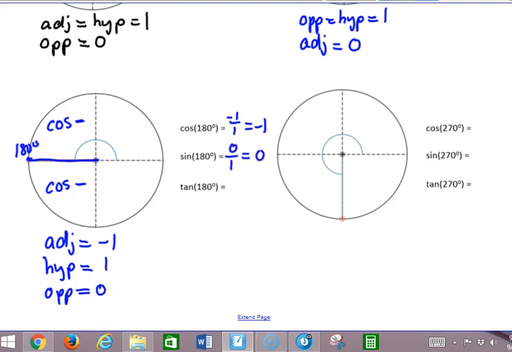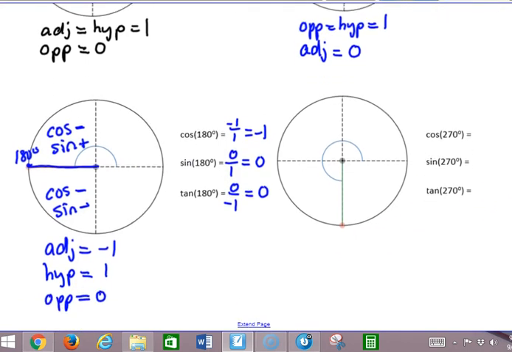It also makes sense because sine is positive in quadrant 2, sine is negative in quadrant 3, so between positive and negative we need to have 0. Tangent of 180 is opposite over adjacent, so 0 over negative 1, which is still 0. So tangent is 0 at 180 just like it is at 0.